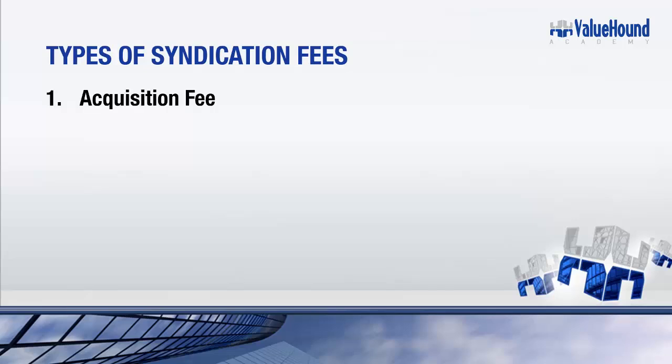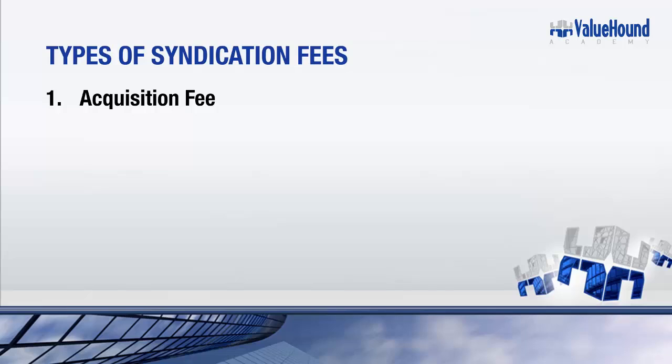The first one, the most common one, is the acquisition fee. The acquisition fee is pretty much what it says. It's the upfront fee paid by the new partnership for all the time you spend finding a deal. You've got to analyze it, evaluate it, and provide the financing.